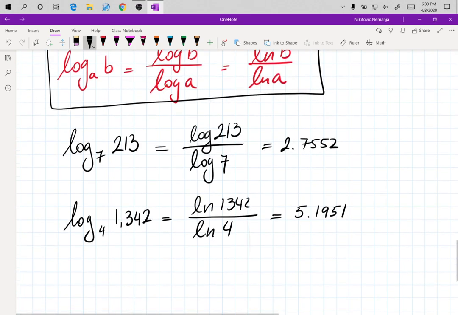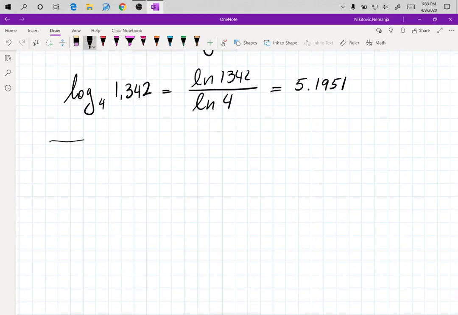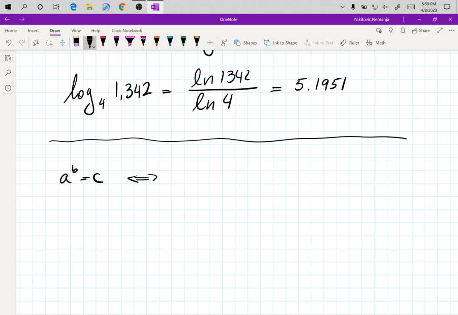Great. Well, so far we know a couple of things here, right? We know the conversion factor, and you can use this back and forth. We also know that log is an operation, right? And we also know that log base 10 of a number is just log x without the base.